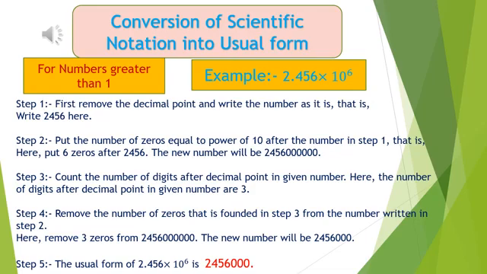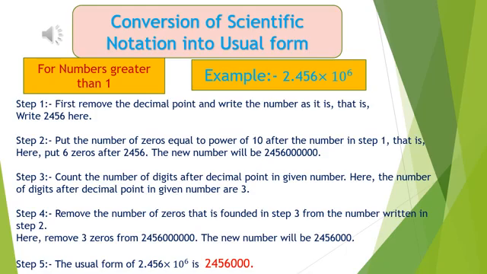Now, students, we will convert our scientific notation into usual form. In the earlier two examples, we converted numbers into scientific notation, and now we will convert numbers in scientific notation into usual form.